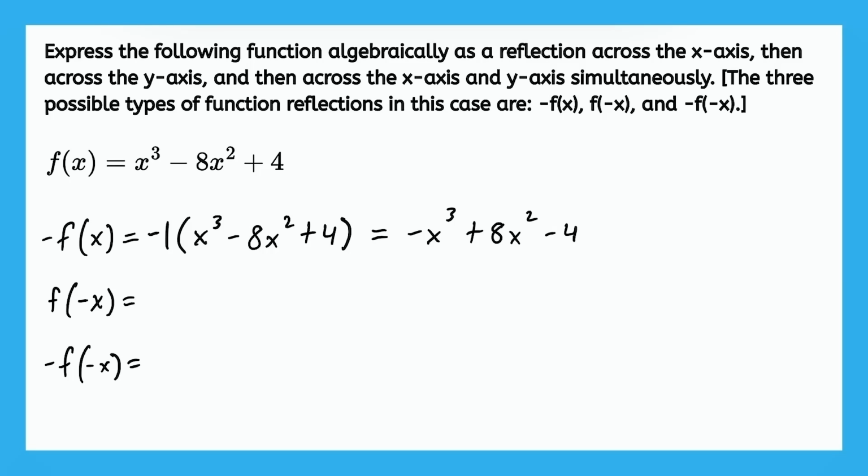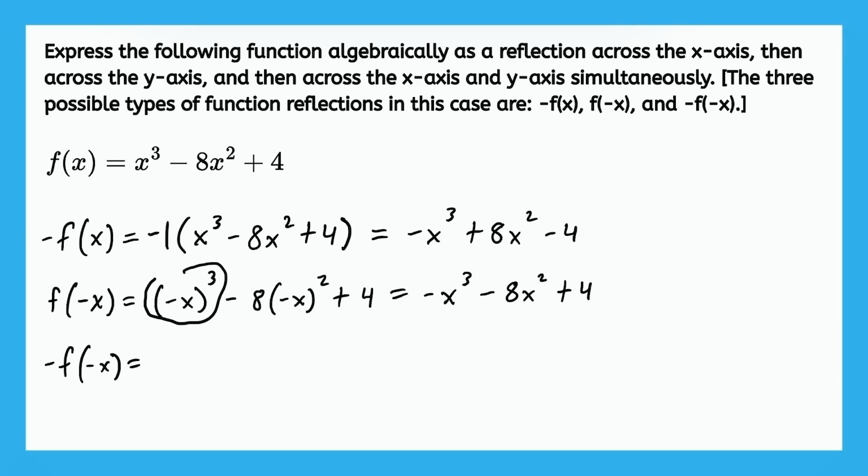Now, when we represent this function as a reflection across the y-axis, we need to make every x in this function a negative x. So we had two different x's to turn negative. Here's negative x once, and here's negative x again. Now let's just simplify real quick. So when we have negative x to the third power, when we simplify, that negative remains because the exponent is odd.